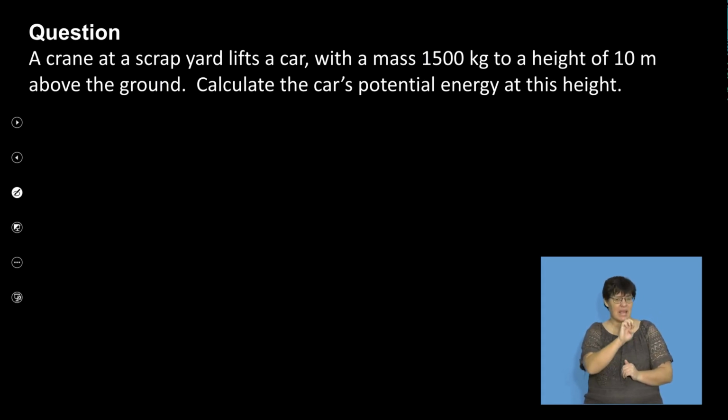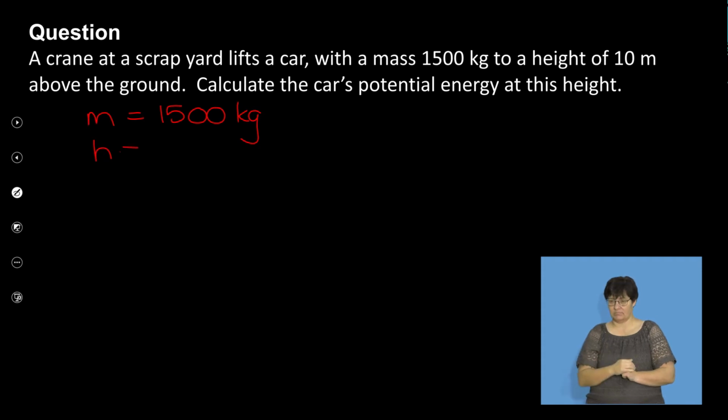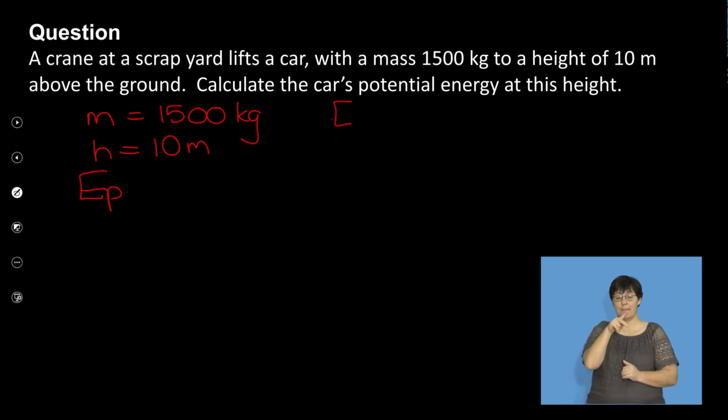We like questions like this. So let's write down what we know. Mass, 1,500 kilograms. We're happy because it's in kilograms. Height is 10 meters, and they want potential energy. We know potential energy is mass times gravity times height.